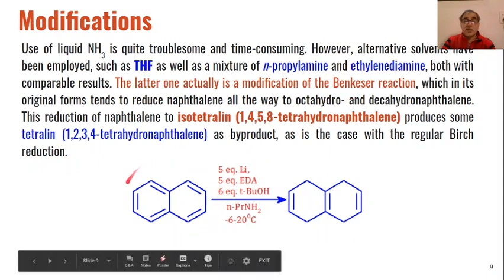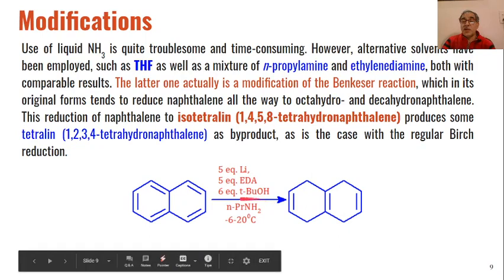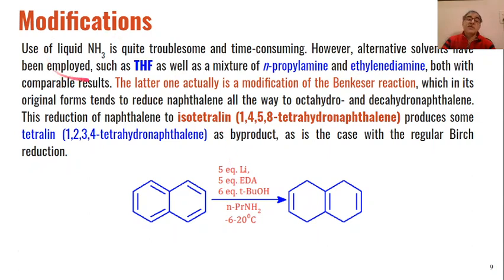So when naphthalene is reduced in presence of 5 equivalents of lithium metal and 5 equivalents of ethylene diamine as the base as the solvent in presence of tertiary butanol and N-propylamine, then mixture of N-propylamine and ethylene diamine, this is used as an alternative to the liquid ammonia.